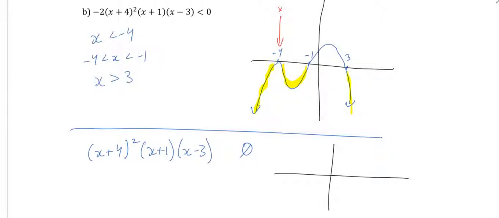But the x-intercepts didn't change, so I still have -4, -1, and 3. In this case, it's going to start up here, turning point. So if I want my solutions to be the same, don't I have to flip the sign? Because we flipped the graph. So now I want to say when this is bigger than 0, right? And now we get the same solutions.